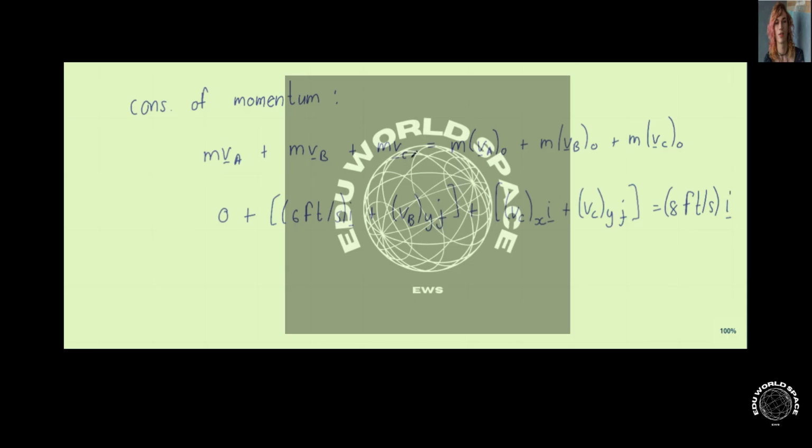The other two have initial velocity 0, so b and c are initially at rest.